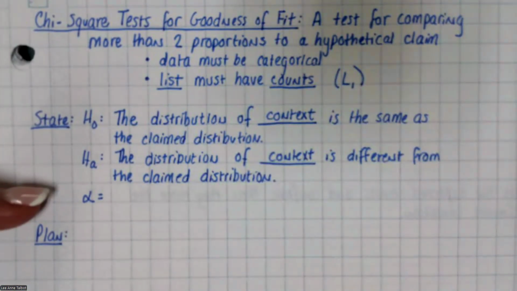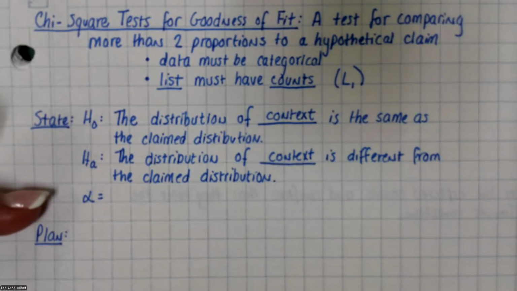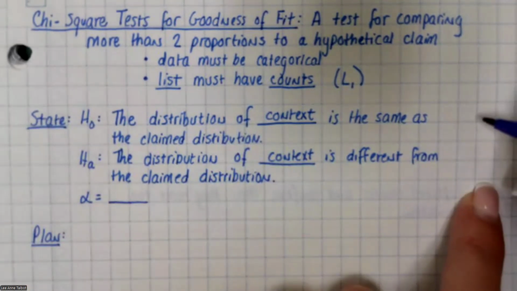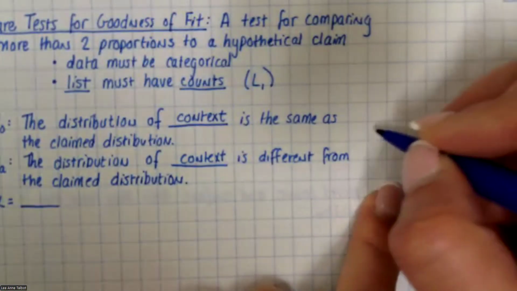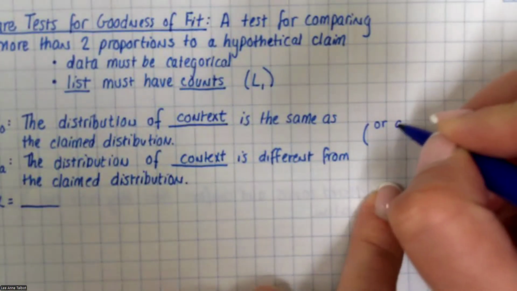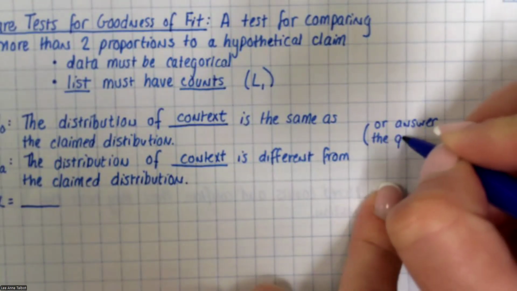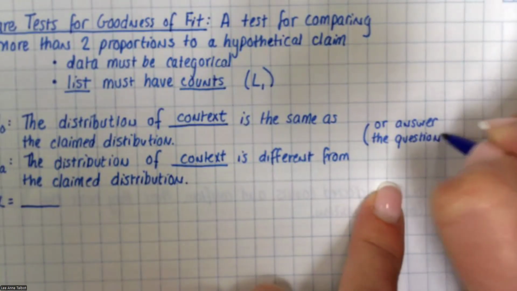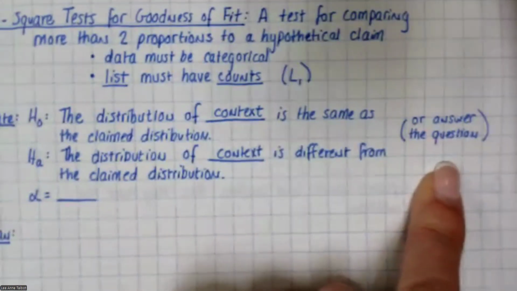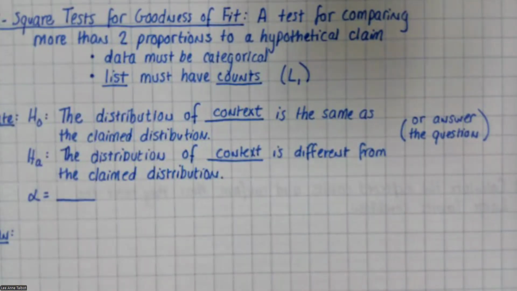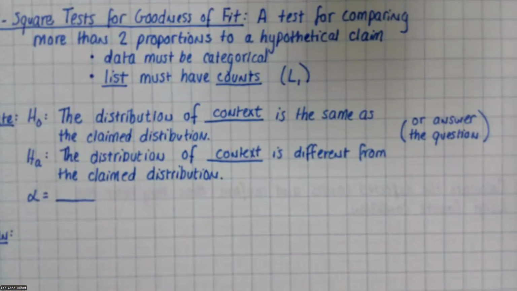The rule for alpha is the same as all of your other tests. If they give it to you, use it. If they don't, 0.05. Okay, now I'm going to add a note over here that says, or if they give you some other kind of wording that's not exactly this, you can use the wording from the problem also.